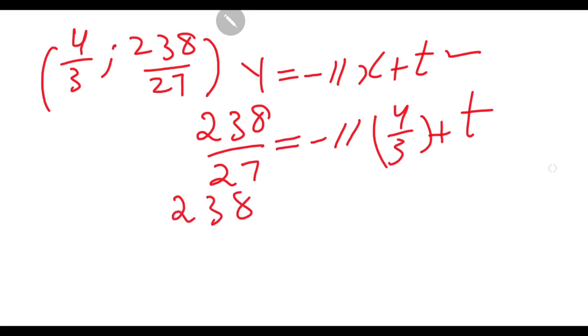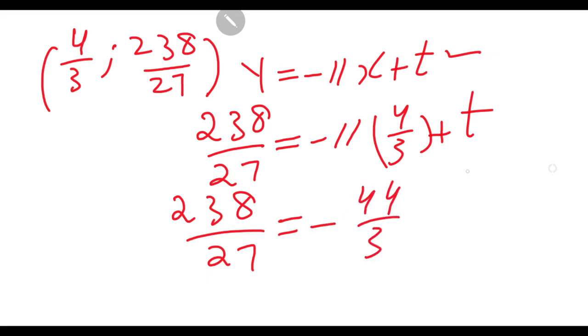Further simplify, 238 over 27 is equal to negative 44 over 3 plus t. Now we need to solve for t here. This is the y-intercept, that's going to be t. It's negative 44 over 3. I pull over this side, it becomes positive.